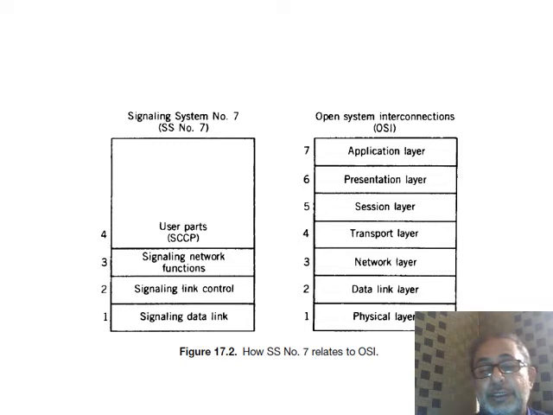All the application, presentation, session, and transport work is done in this layer 4. SCCP basically is an extension of the layer 3 functionalities, which is better done in layer 4. All the application parts are also present in this layer number 4. So we only have 4 layers in a signaling system number 7 data communication packet network.